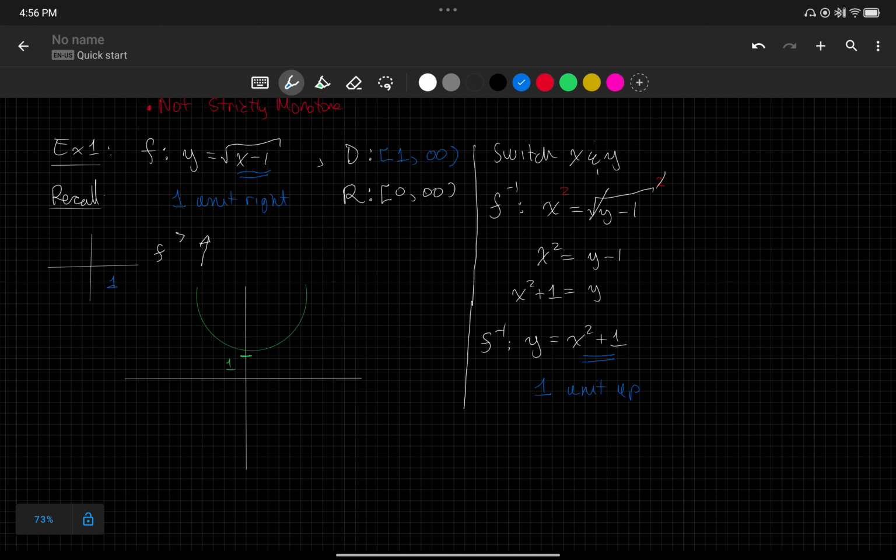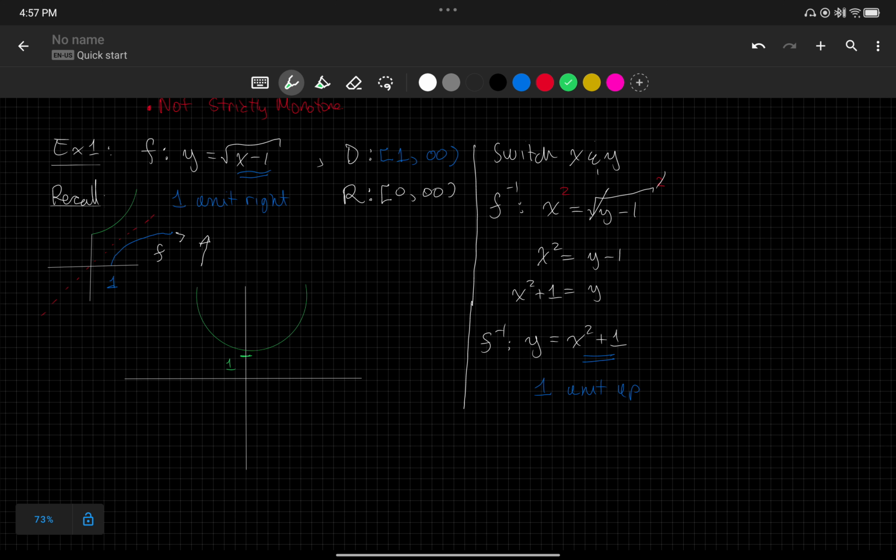Okay, so let's see, this one was right there. And then if you do the reflection, I guess we need the 45-degree angle line. So if you do the reflection, you should get a piece that is like that.